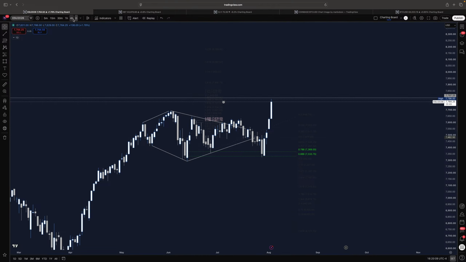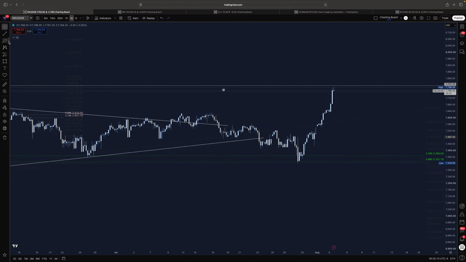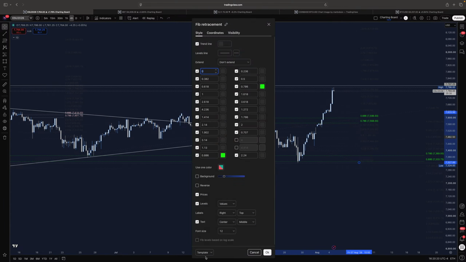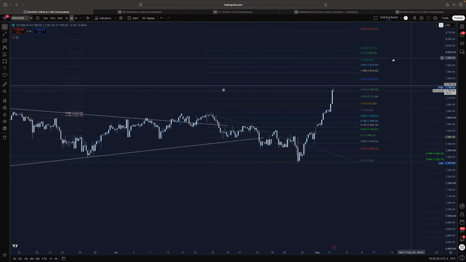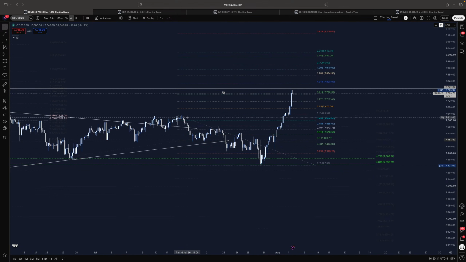On the 4 hour, it's also worth mentioning that we are testing the 1.13 of a shark pattern, potentially also exceeding the 2.24 between the complementary ratios for this pattern. The bearish shark pattern, yeah, way above the 1.13 for the shark.